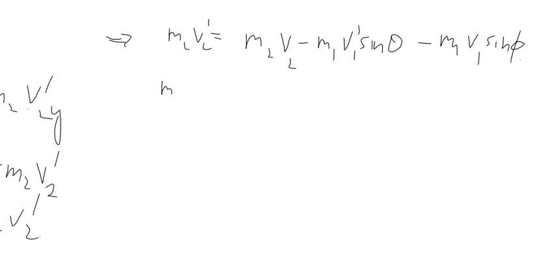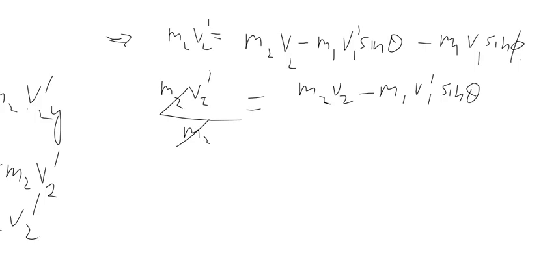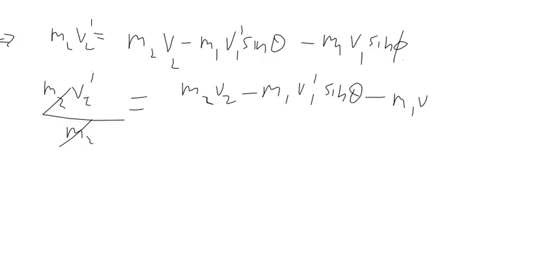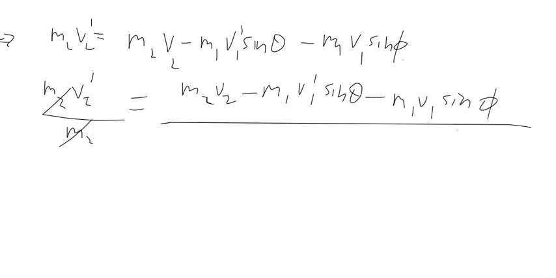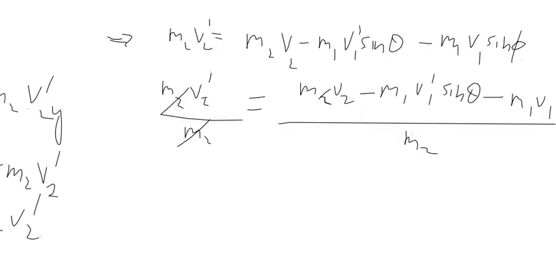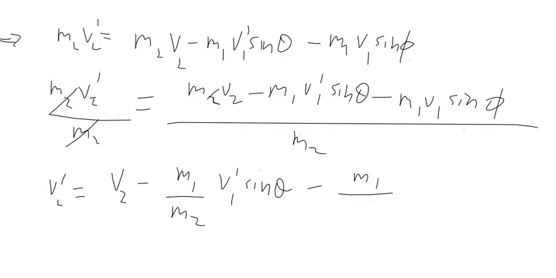So v2 prime is equal to v2 minus m1 over m2 v1 prime sine theta minus m1 over m2 v1 sine phi.